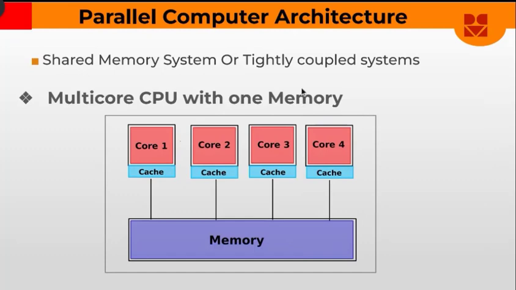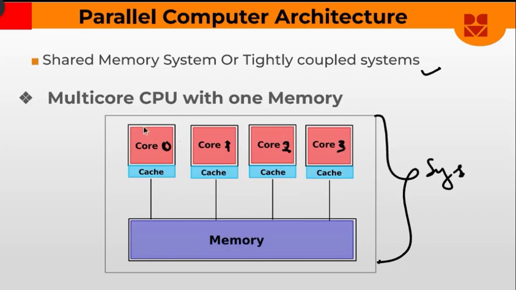Now the introduction of multi-core processors into machines also brings about the idea of the shared memory system or the tightly coupled systems, right? So in this situation, we could see that we have a system, and this system has 4 cores, starting from core 0, core 1, core 2, and then core 3.